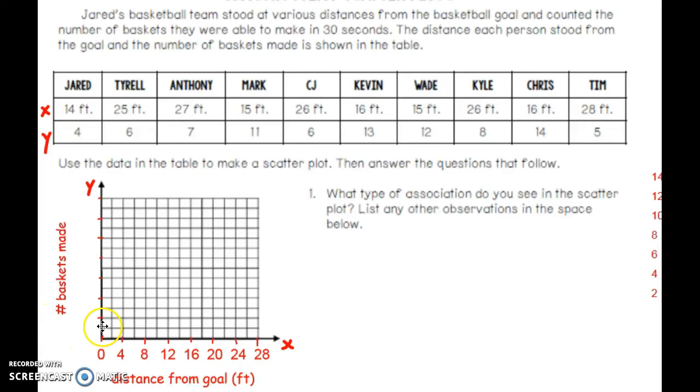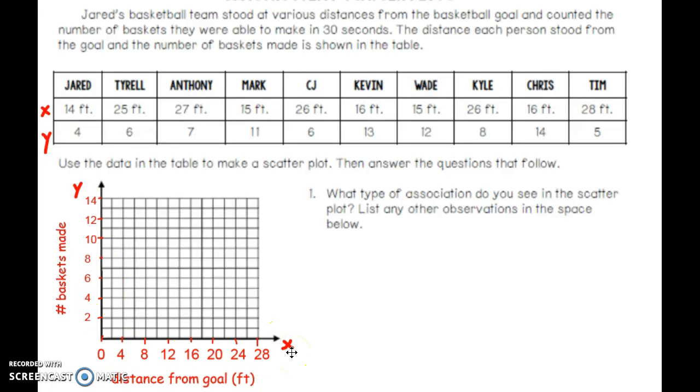For your y-axis, if we decide to go every other box and we go by 4s, it's going to go too high because, as you can see, for the baskets made, 14 is your highest value. So on the y-axis, we can actually change our scale a little bit and go by 2s. This bottom is still 0, but we'll skip 2 boxes and we'll have 2, 4, 6, 8, 10, 12, and then 14.